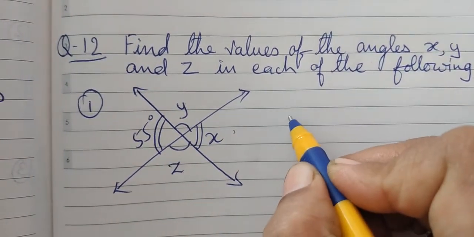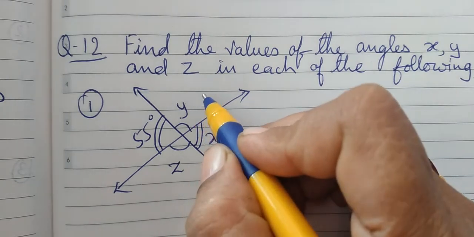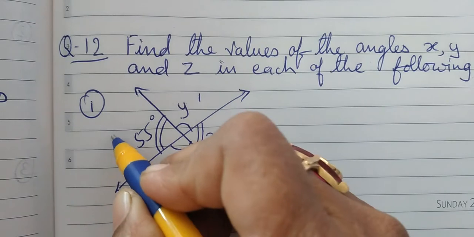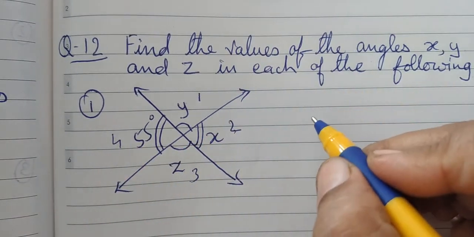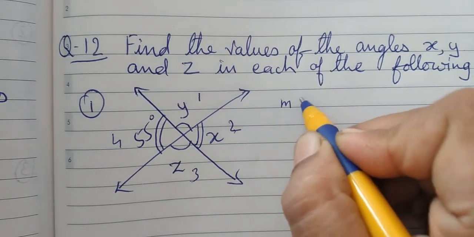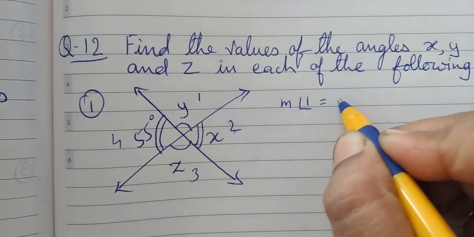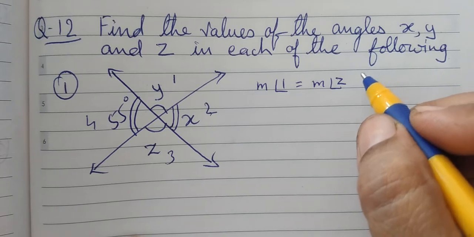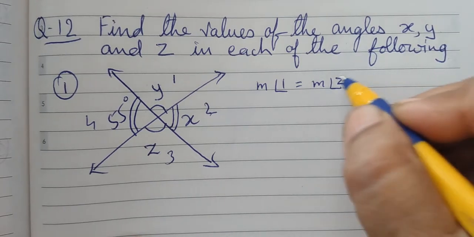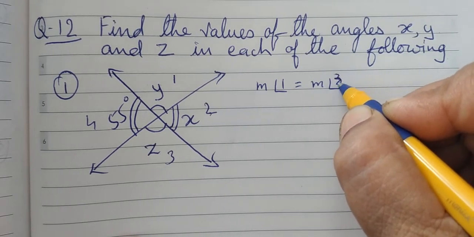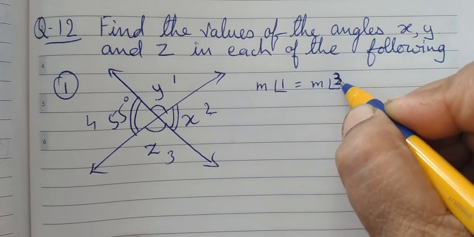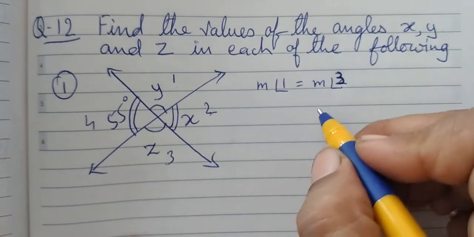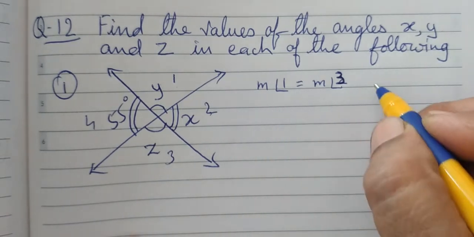We'll write, we just give the numbers 1, 2, 3 and 4 to the angles. Measure angle 1 is equal to measure angle 3. Extremely sorry, 1 is equal to 3. Measure angle 1 is equal to measure angle 3. Why?